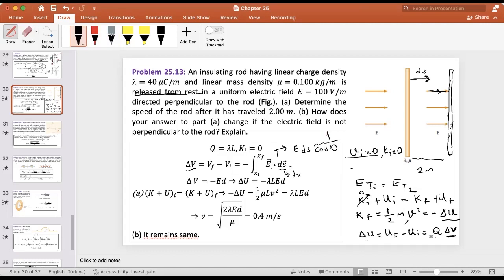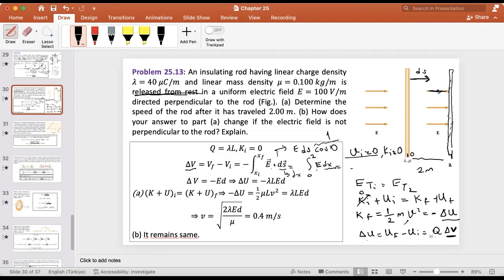And my limits, say this is my first point, say 0, and it moves to here, like 2 meters. Can I write my movement starting from 0 to 2? Yes, of course. And the electric field is constant, so dx gives x.